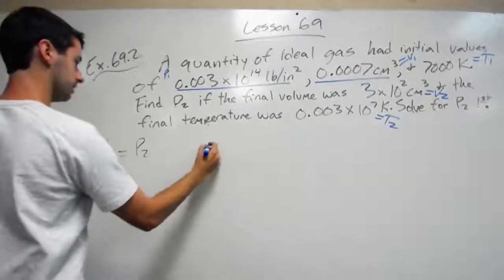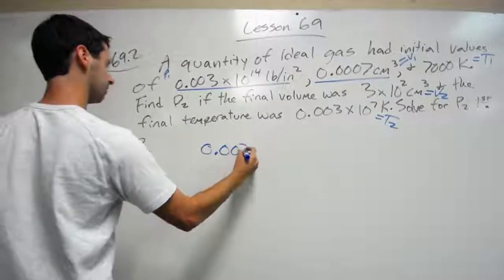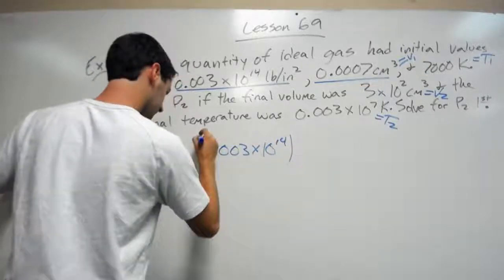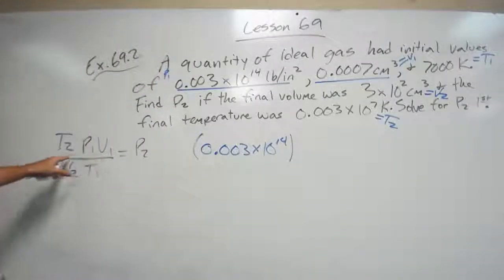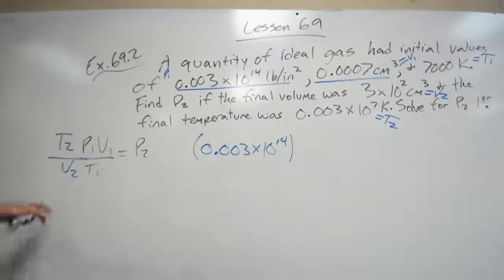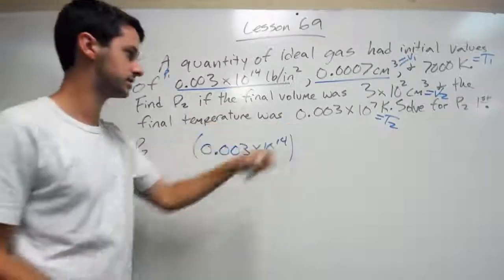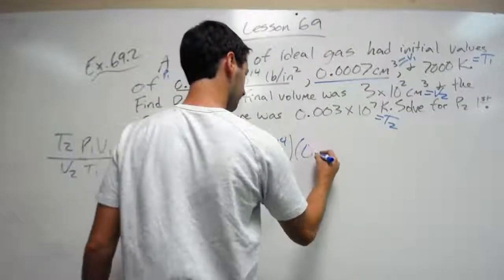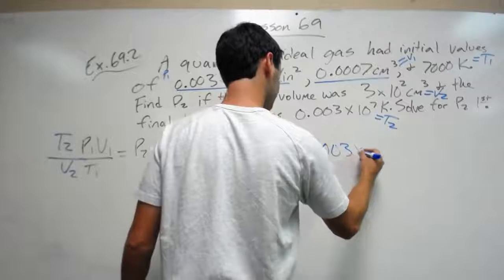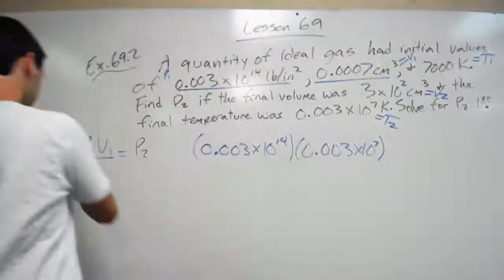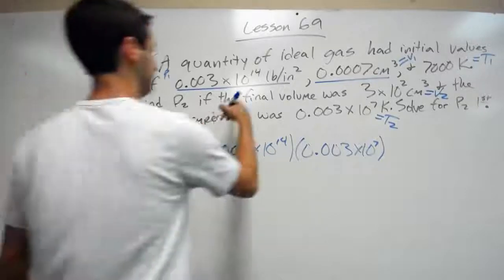I'm going to write 0.003 times 10 to the 14th. It doesn't matter which order these are in. I put the P1 first. It's all the same when it's multiplied. What's our temperature 2? Times 0.003 times 10 to the 7th. What's our volume 1?